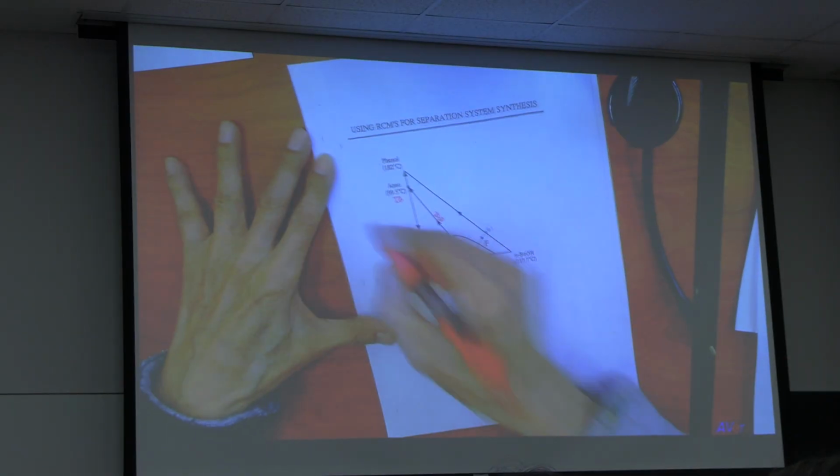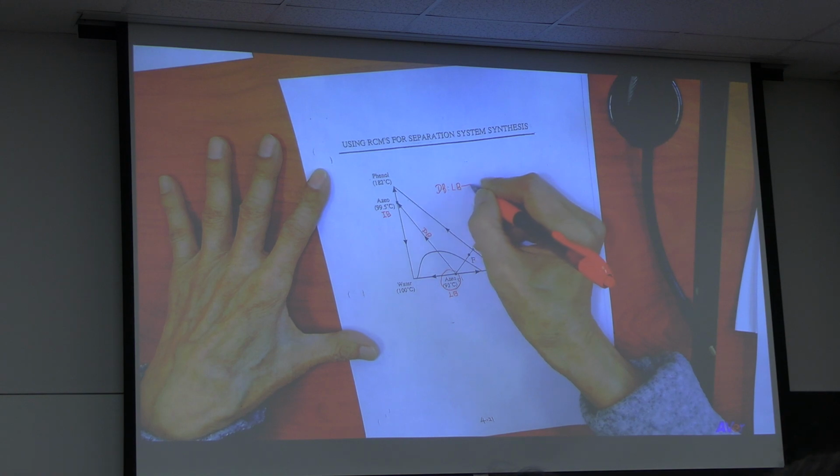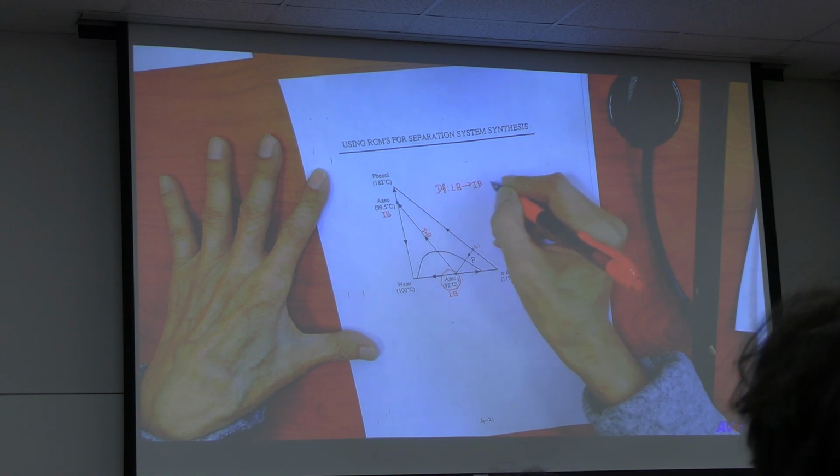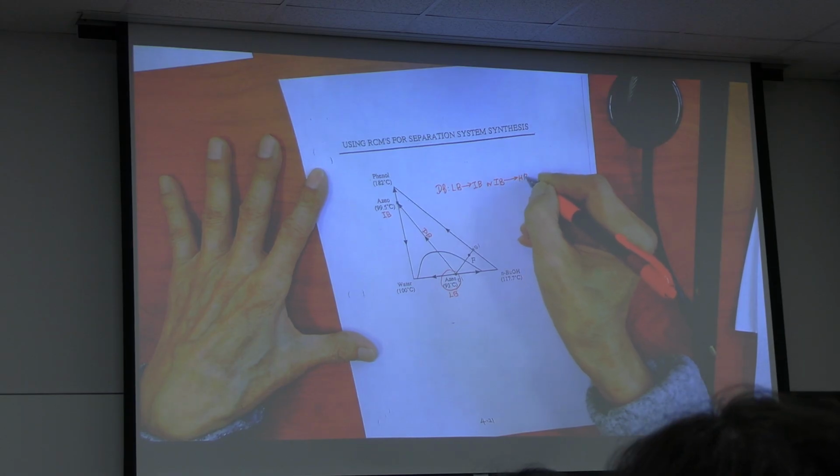So this is a distillation boundary, LB to IB or IB to HB.